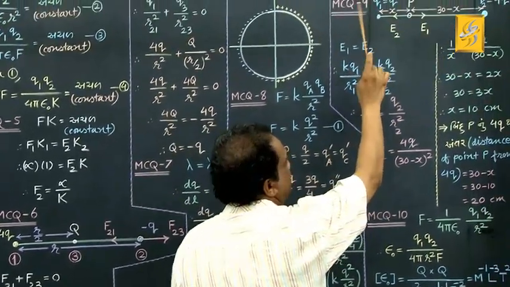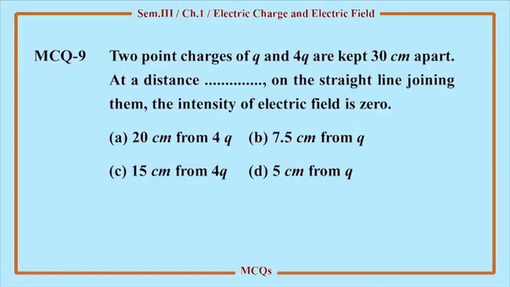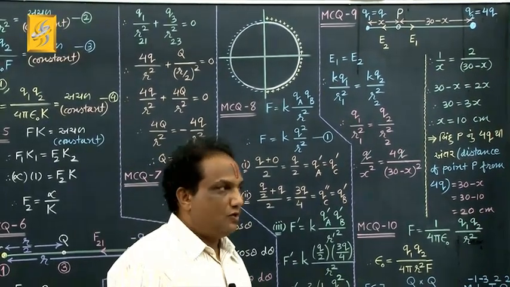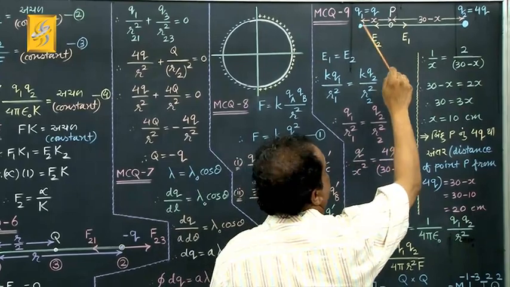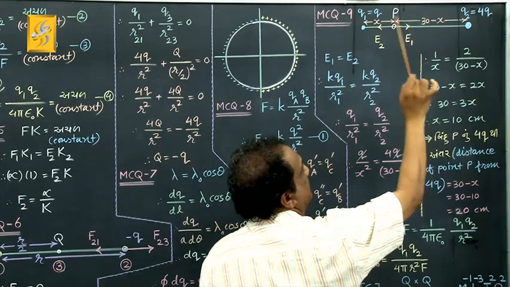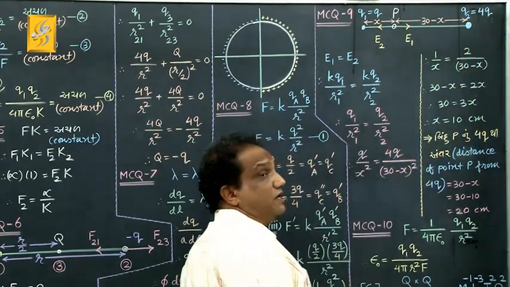Kindly read the statement of MCQ number 9. Look, we have 2 point charges, one is small q, another is 4 into small q, and the separation between them is given to us as 30 centimeter.